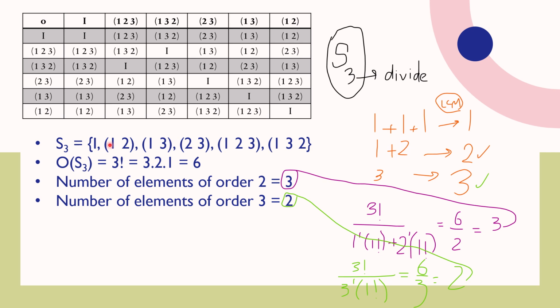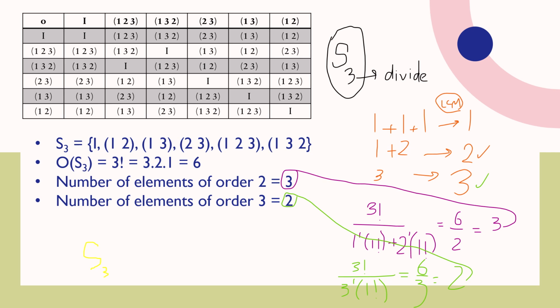We need it because without knowing how many elements there are inside the group S3, for example in the exam they just give you the question: what are the number of elements of order 2 inside S3 and order 3 inside S3. They don't give you the group itself.